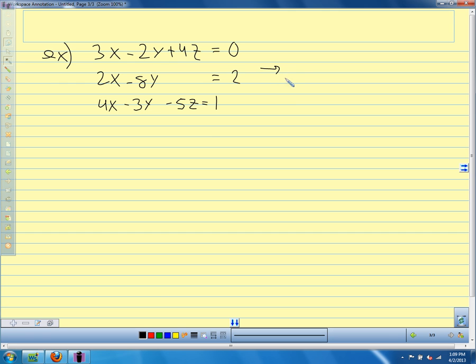So I'll write this as a matrix equation. And because I have no z here, I'm going to put a 0. So this is my matrix equation.